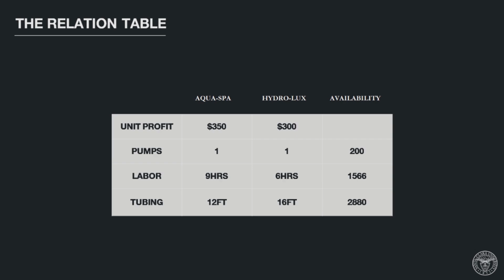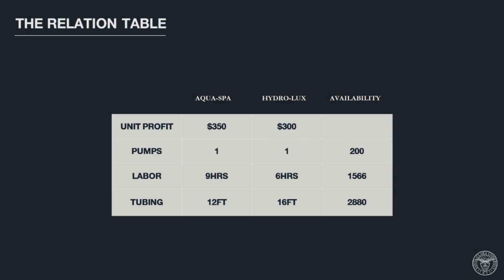In this case, for every unit of Aqua, we have $350 of marginal profit for Blue Ridge, and we have $300 marginal profit for Hydro. For the resource pumps, we have 200 pumps in total. Each Aqua needs 1 unit, and Hydro needs 1 unit as well.